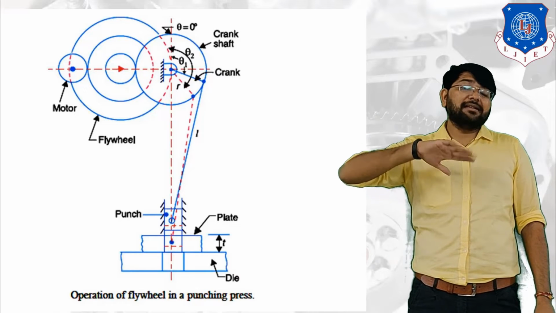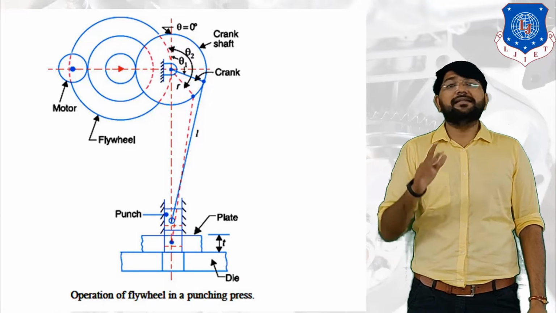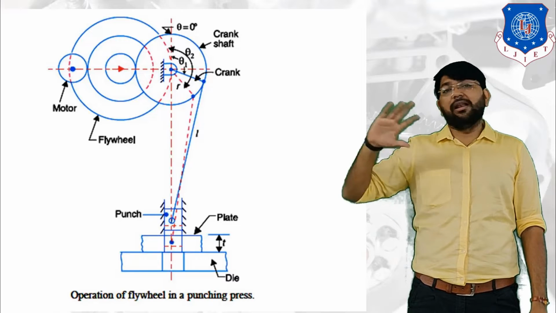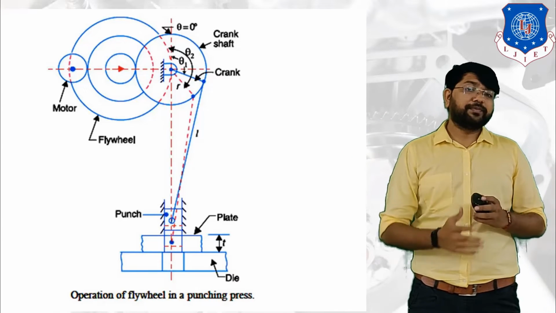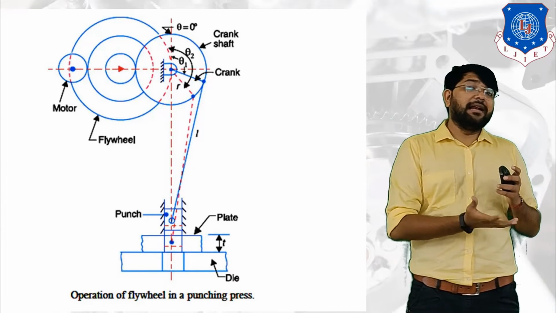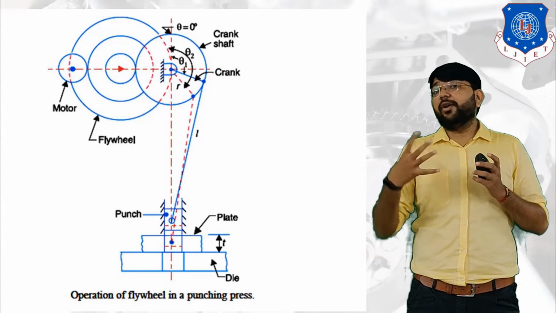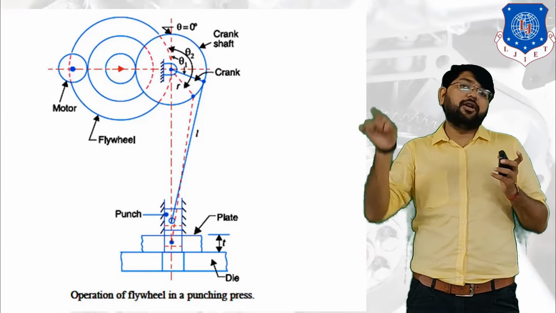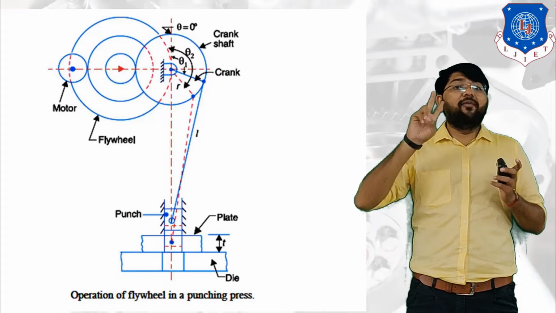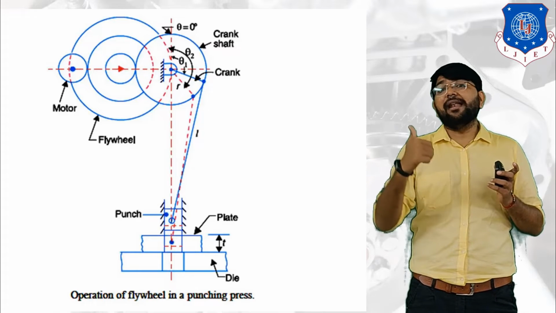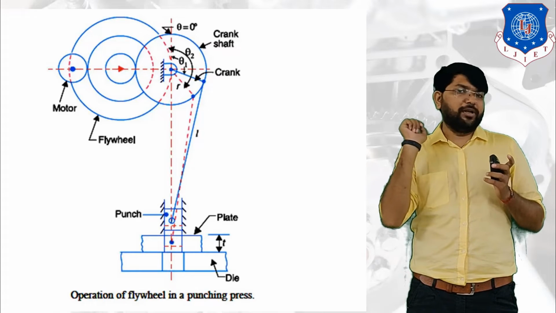So there are two types of energy, capital E1 and capital E2. Capital E1 indicates the energy required for one whole punching operation, and its duration is 0 to 2 pi. E2 is the energy required for actual punching.